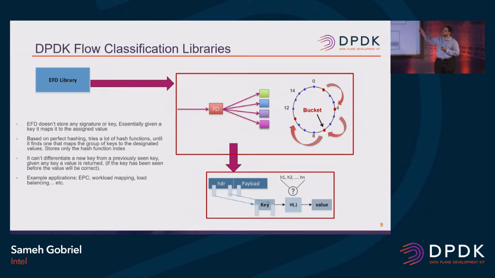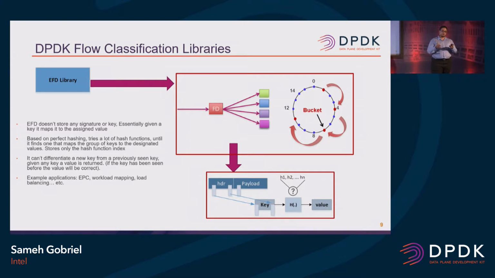If you know consistent hashing from Google, this is doing exactly the same thing, where they use a hash function to determine where a flow should always go. But the advantage of using a flow distributor is you are not under the mercy of the hash value. You actually can control where your flow should go.